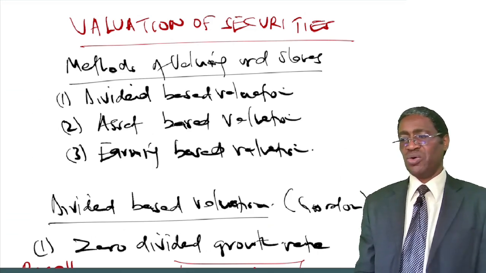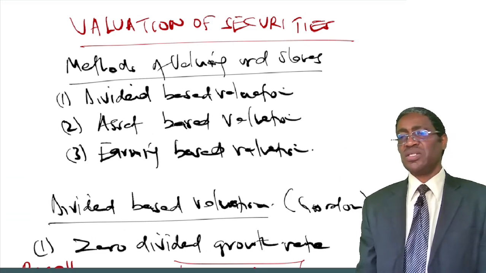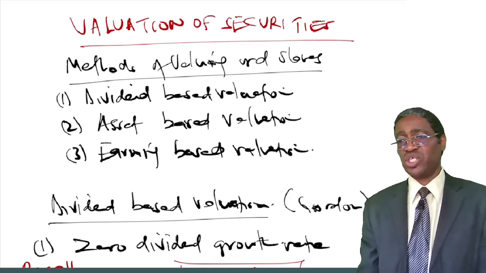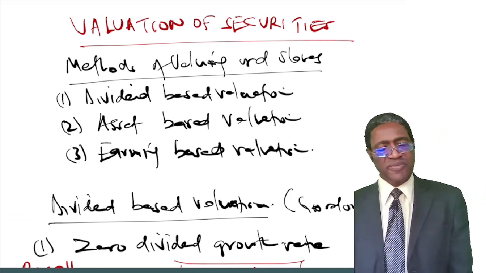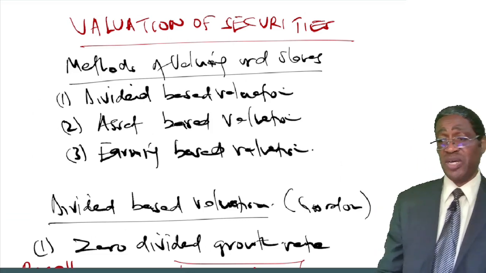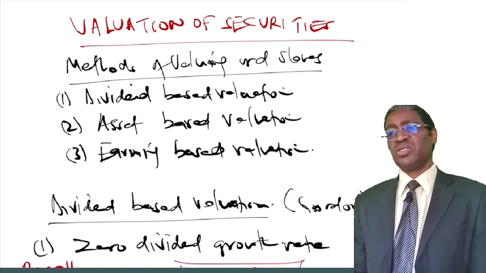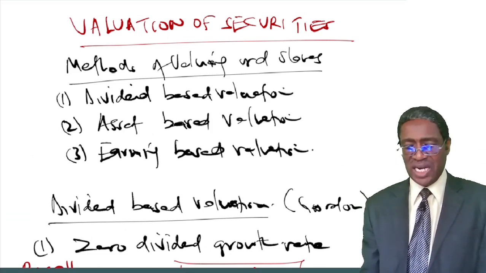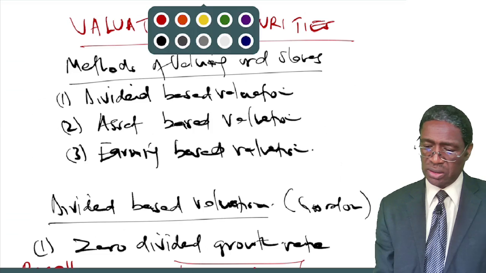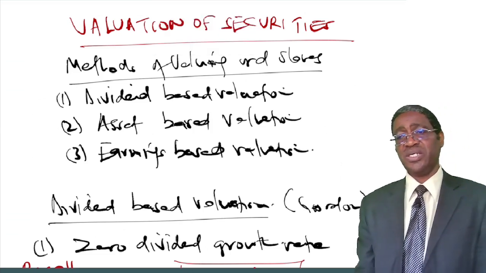Number one, dividend-based valuation. Number two, asset-based valuation. Number three, earnings-based valuation.